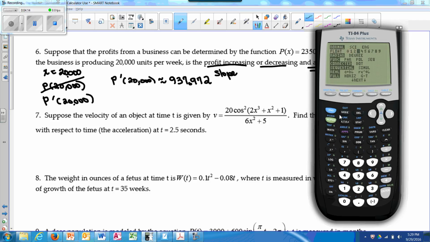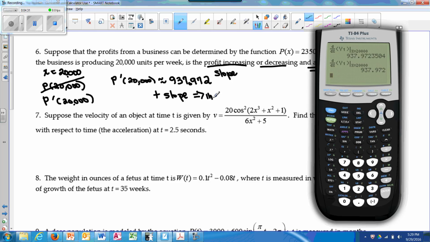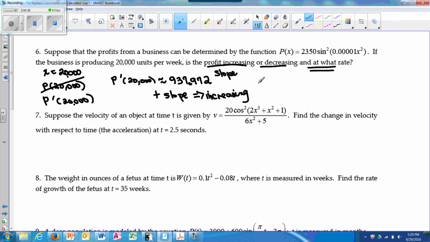If you would like, you could change your mode to actually only show you 3 decimal places of precision, as long as you remember to carry forward the exact answer in a problem. So I could do this again, and it would have given me just the 3 decimal places. Because this is a positive slope value, that implies that the profit is increasing.